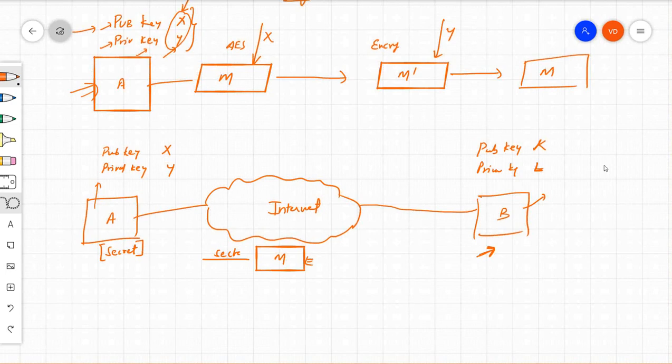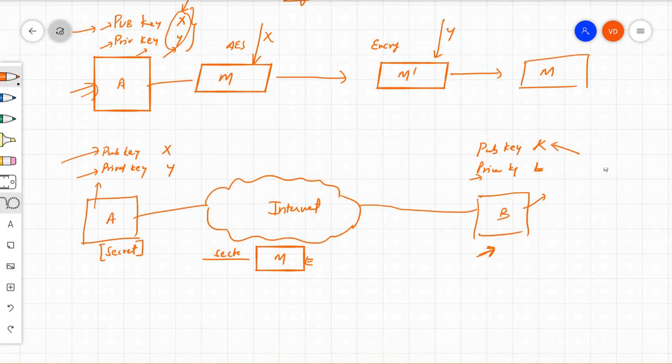So as the name indicates, public key can be redistributed because it is public. It can be known by anybody. But private key is only for you, and you are not going to give it to anyone.